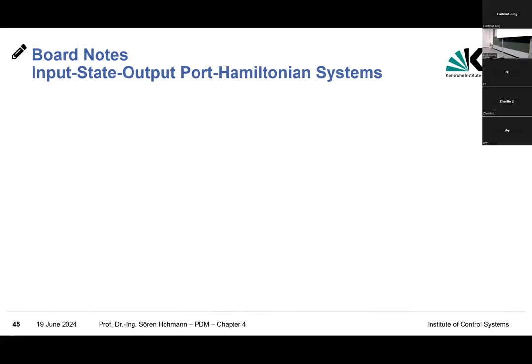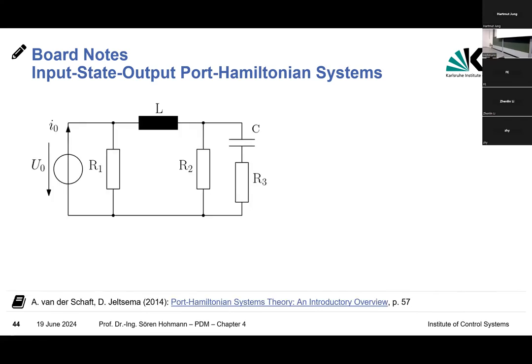Some more notes with regard to that. I just want to highlight this in particular. So again, just to show you this particular example. Here you see an electrical system, or an equivalent circuit of a hydraulic system or whatever you like.